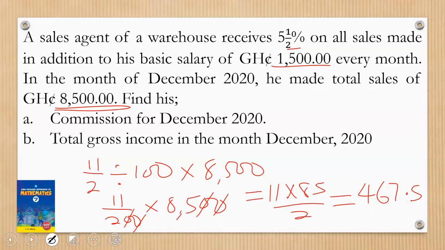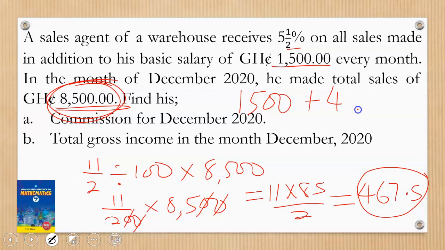Now we want to find the total gross income in the month of December. This is the commission he made for selling this amount, plus his basic salary. His basic salary is 1,500, plus the commission of 467.5, will give us the total amount he made at the end of December 2020.